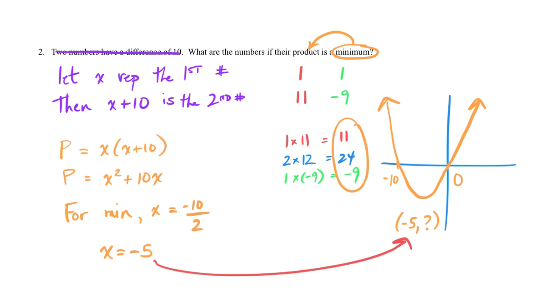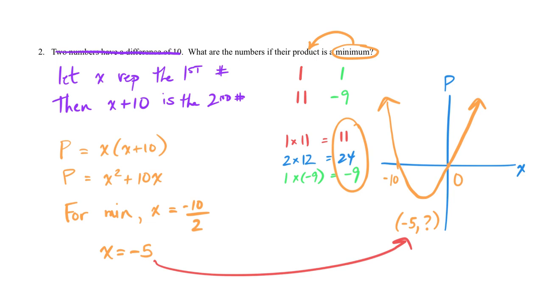Look on my graph one last time to make sure we're good. When I now label my axes, I think that should make sense. My x-axis is still x. That's my first number. My y-axis is no longer a y-axis. It's a p-axis for product. So I built the function that represents all possible products.